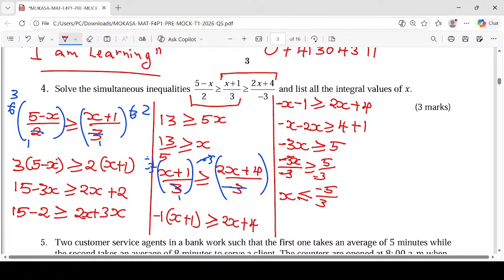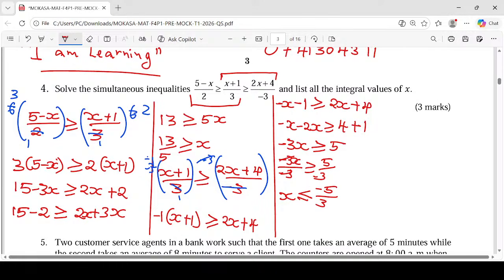So negative x minus 2x is greater than or equal to 4 plus 1. Okay. In this case, I'm not getting convinced with these particular values that I'm getting here.